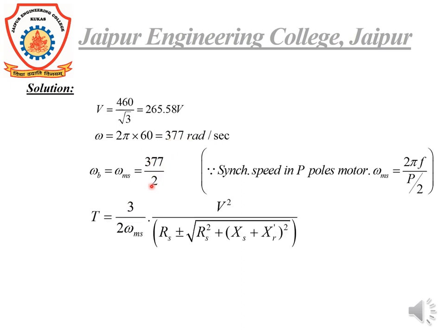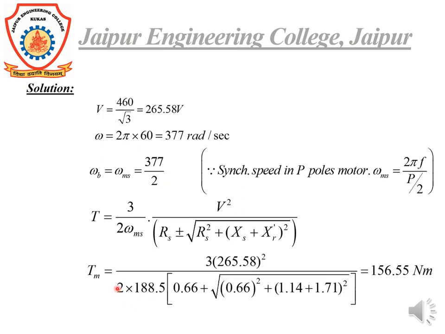Now, as we know, the equation for maximum torque in this case will be 3/2 omega ms into V square upon Rs plus under root of Rs square plus (Xs plus Xr dash) whole square. So we just have to place the values of Rs, Xs, Xr dash, V we just calculated, and omega ms into this equation of torque.